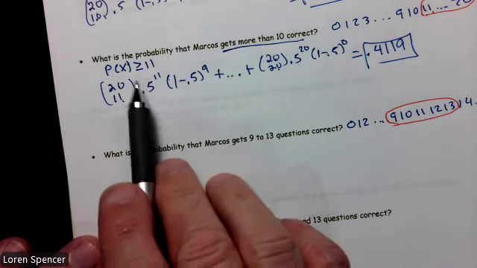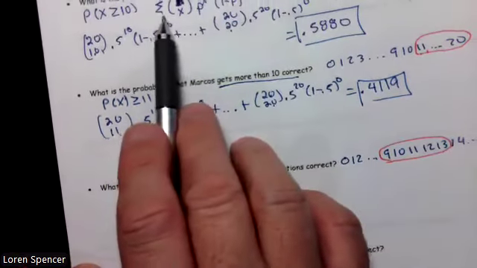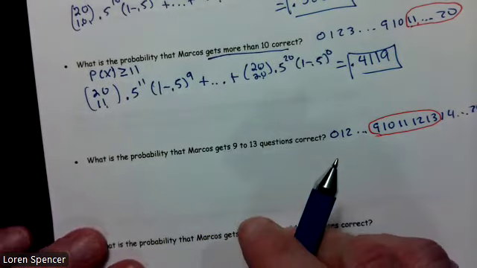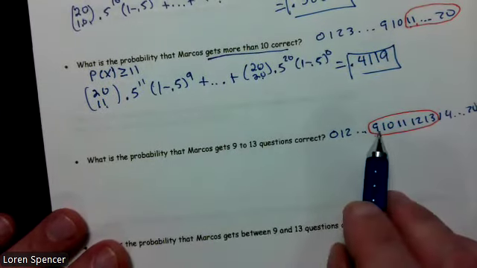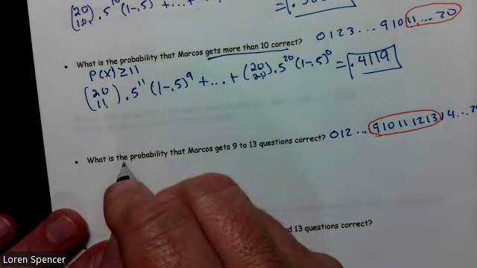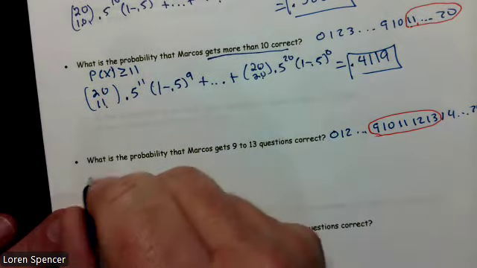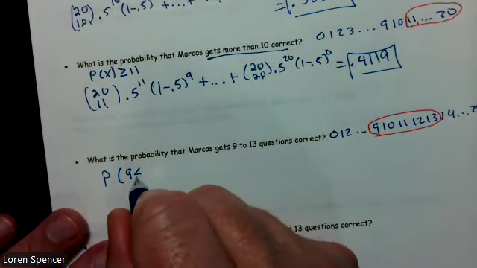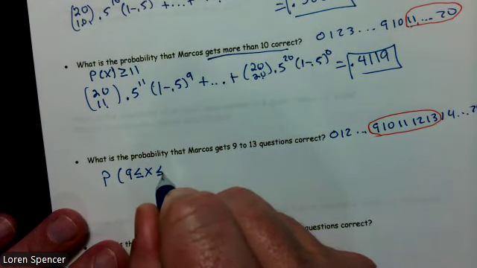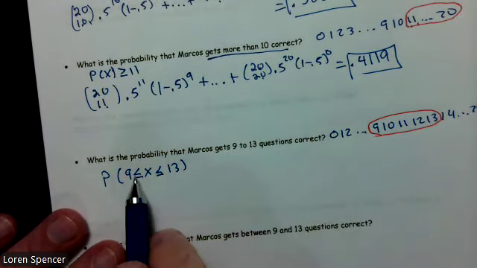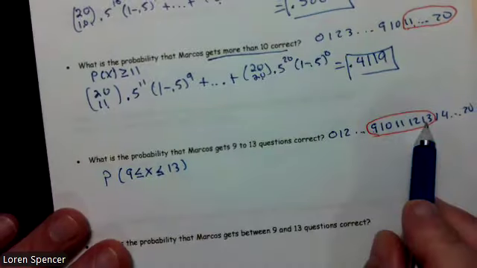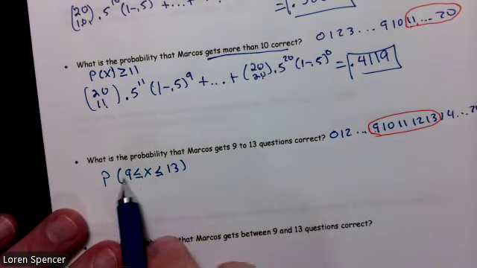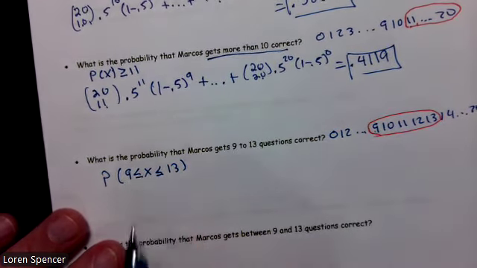I'm not going to rewrite the equation because it's still the summation equation that we've been using. But in this case, my probability statement is going to be different because now we're looking for the probability that 9 is less than or equal to X is less than or equal to 13 because it could be as low as 9 or high as 13. All right, it's not a one-sided, it's in between. So when it's in between, you're going to have the X in between the two values.